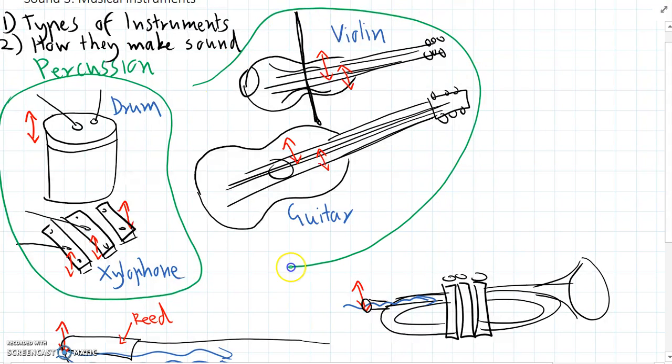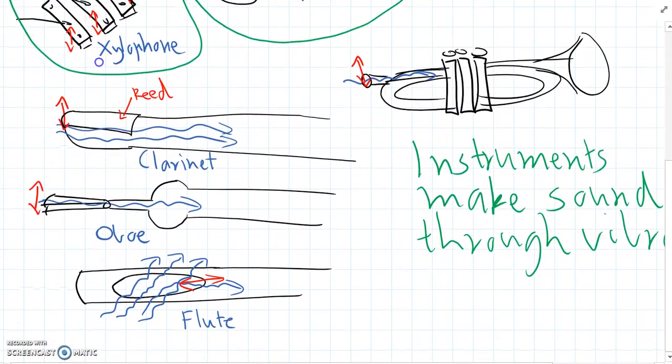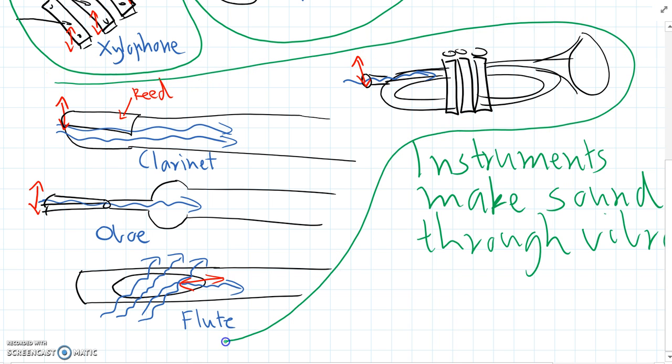Instruments with strings that vibrate are called string instruments. Violins and guitars, also cellos and violas. There are lots of string instruments. All these other ones are called wind instruments because the player uses wind to make the sound.